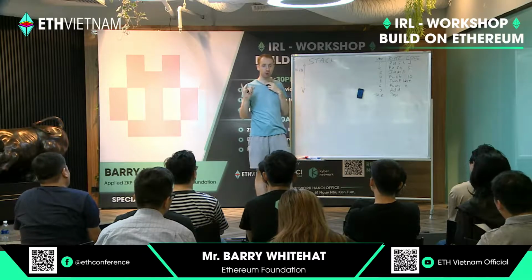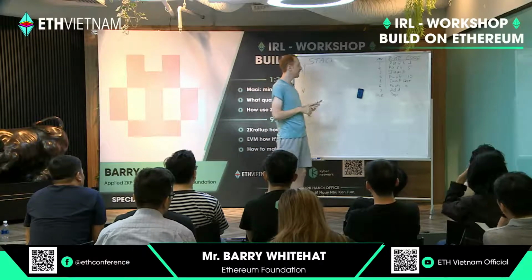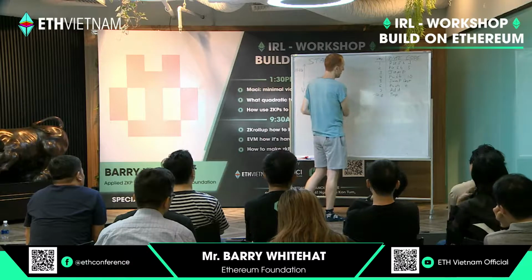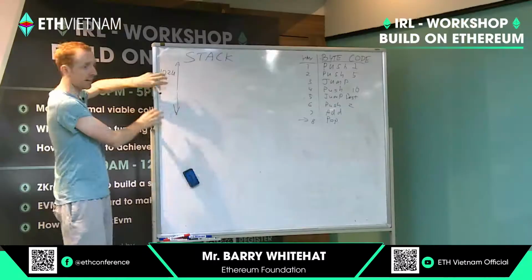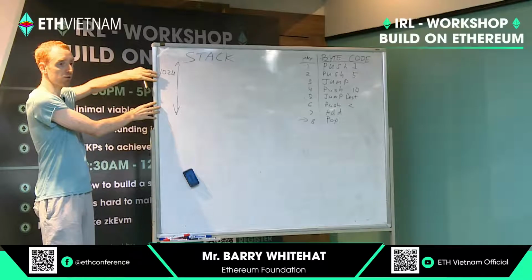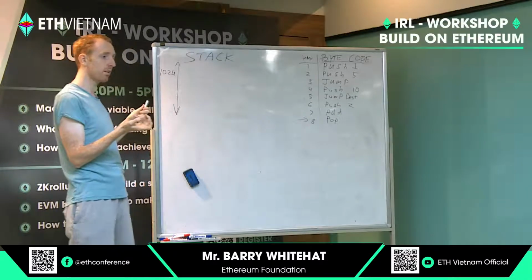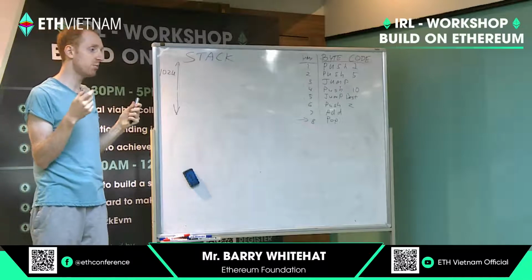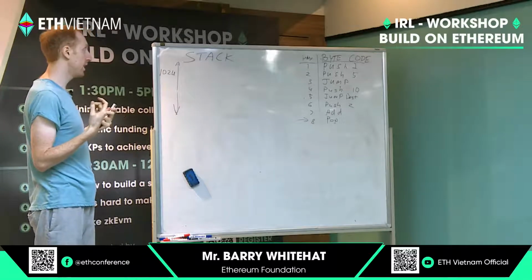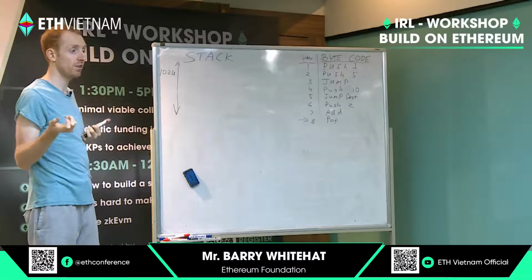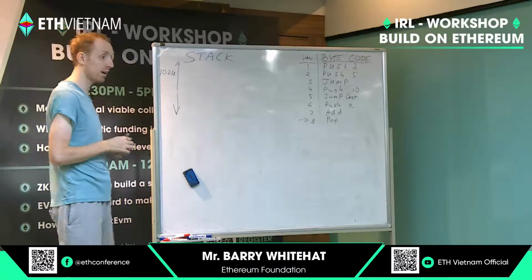Let me introduce the other 2 tricky things. We have this temporary memory, and it's really short. It's like the L1 cache on your CPU. It's really small, really cheap to access, and really quick, but you can't do a lot of bigger calculations.